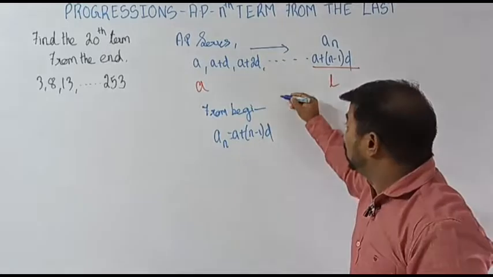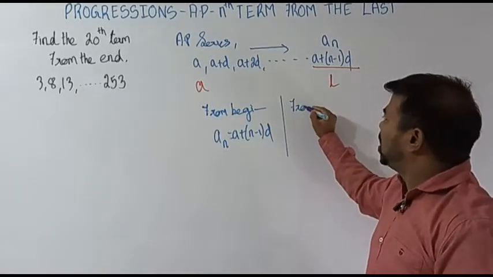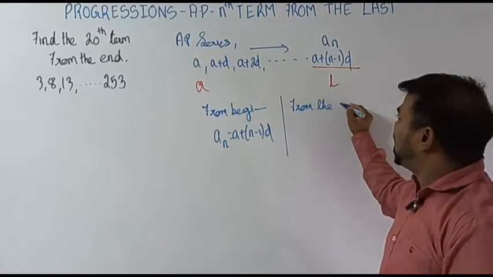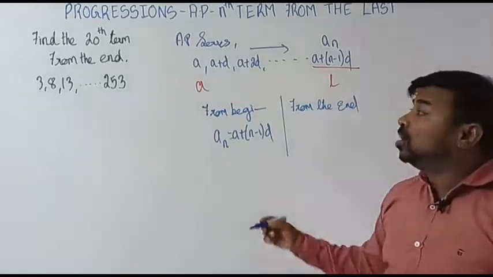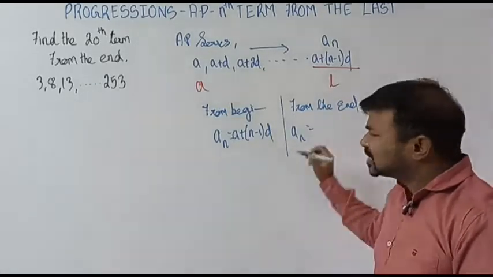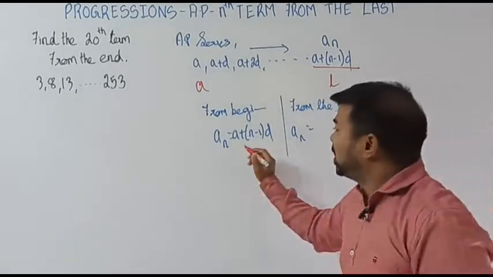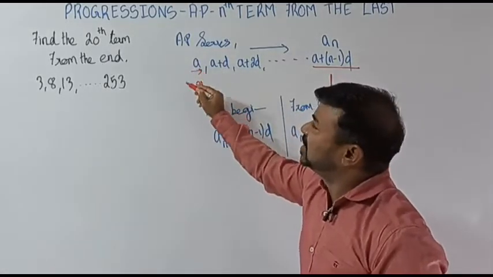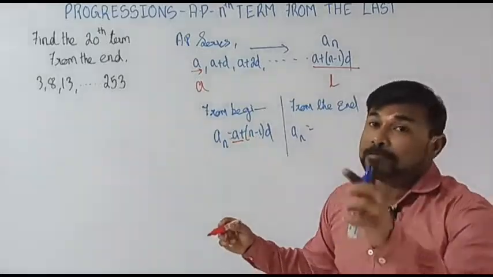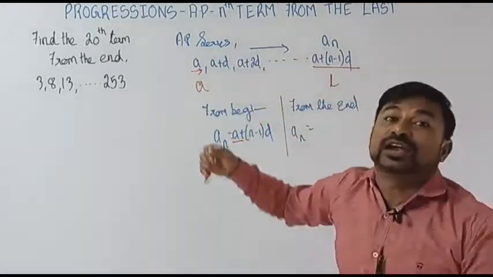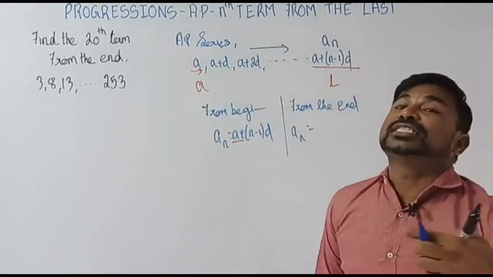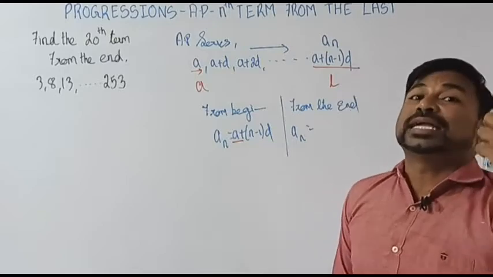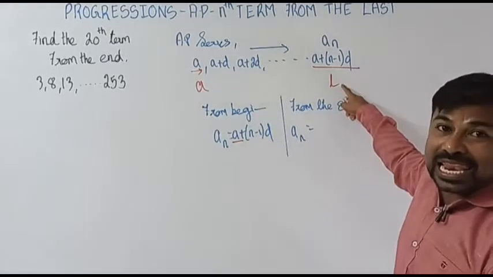Now, if you go from the end, what is the formula? In the place of a, if you move from here, we get this one first, therefore we kept a here. But if we are moving from this side, the first term we get at the beginning is nothing but l.